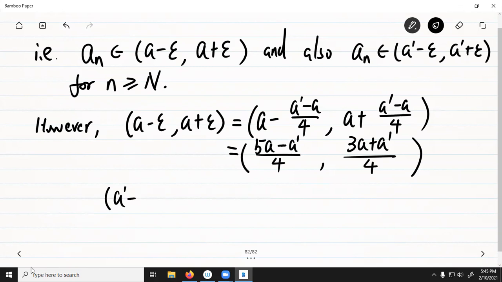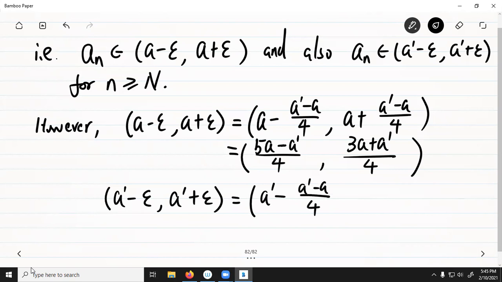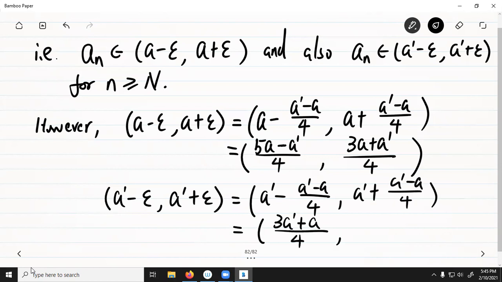And a prime minus, let's look at another interval. So this is a prime minus (a prime minus a) over 4. This is a prime plus (a prime minus a) over 4. So this interval would be 3a prime plus a over 4, and this is 5a prime minus a over 4.